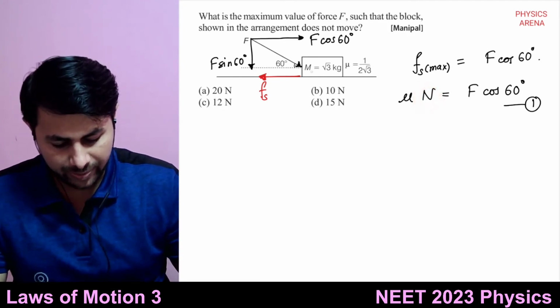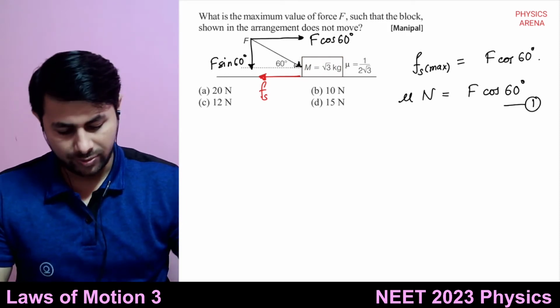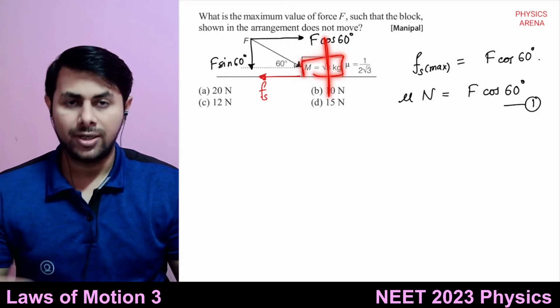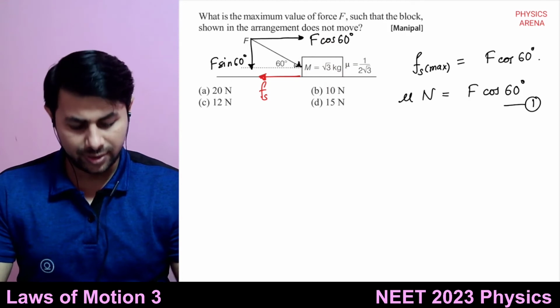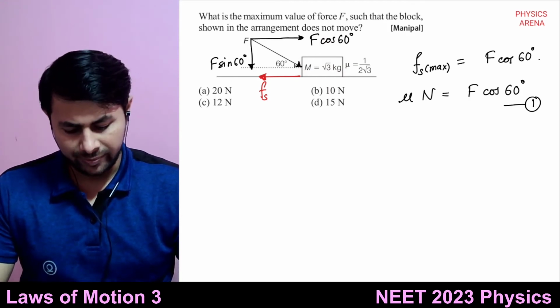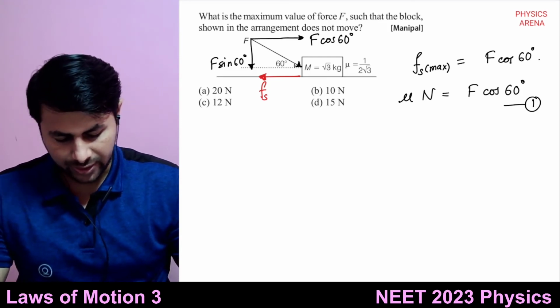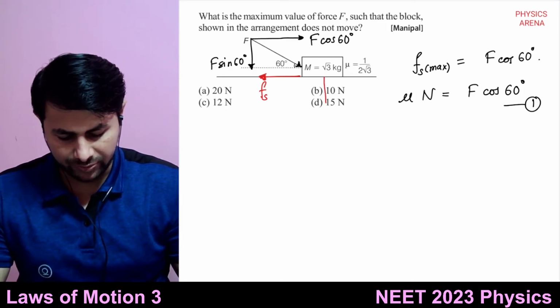Then we have to find out the normal reaction, which we can find using vertical equilibrium. The block is not accelerating in the vertical direction, that means total vertical forces are balanced. So what are the other forces? There is the gravitational force, mg, which is acting downwards.